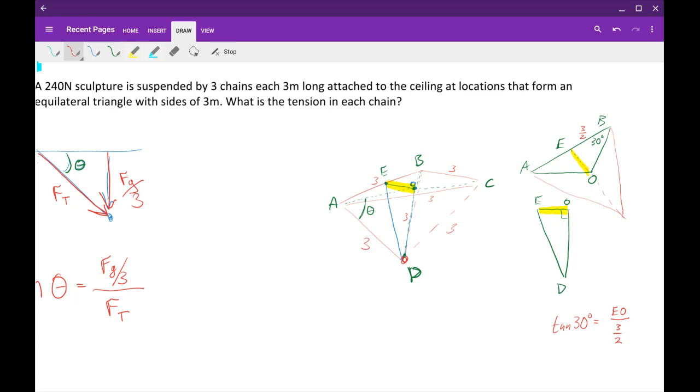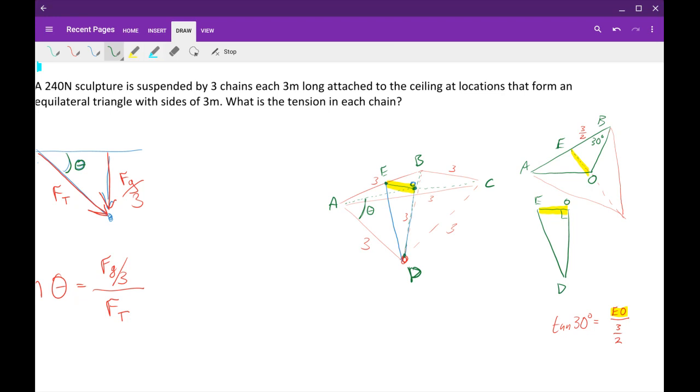So now that I've got EO, the yellow line, I'm going to keep it yellow. I actually need to draw another triangle here, triangle EBD.